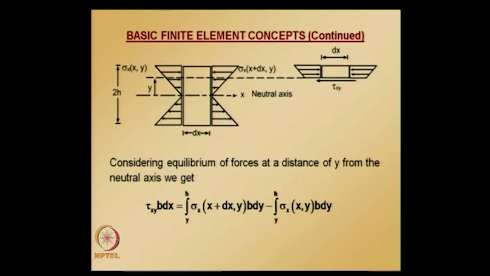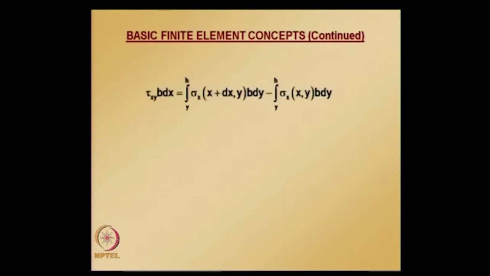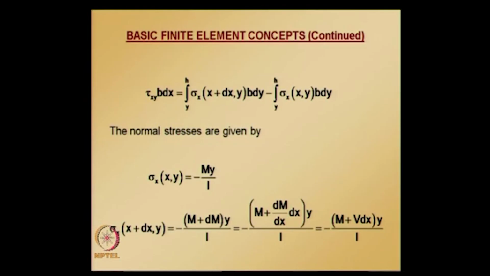Substituting sigma x evaluated at x and sigma x evaluated at x plus dx, the relationship between moment and shear is also used. We know that the derivative of bending moment gives the shear force, so dM by dx is substituted as capital V. So now we have sigma x evaluated at x and sigma x evaluated at x plus dx.